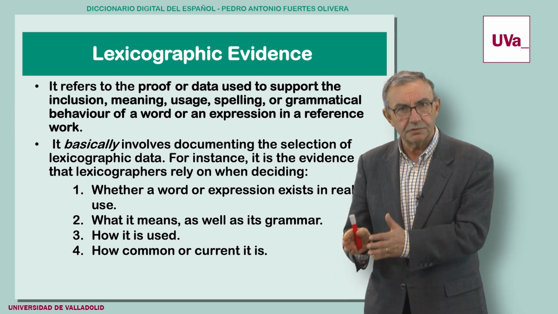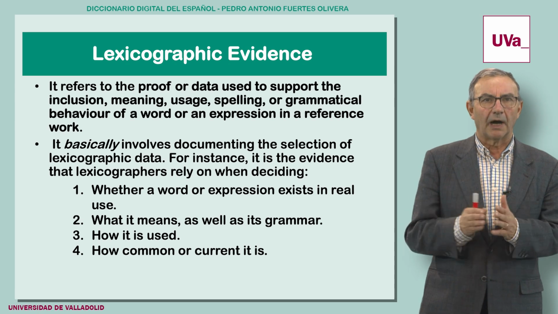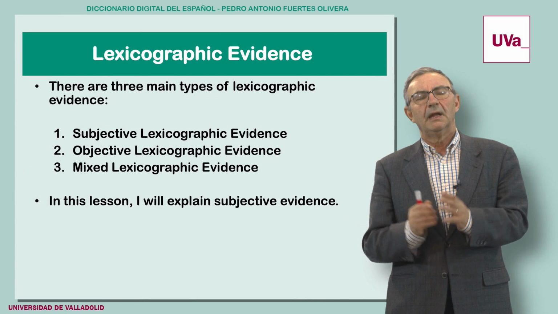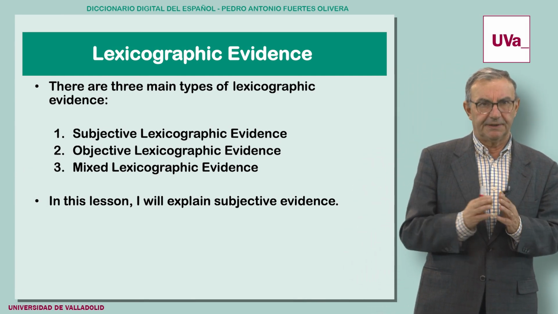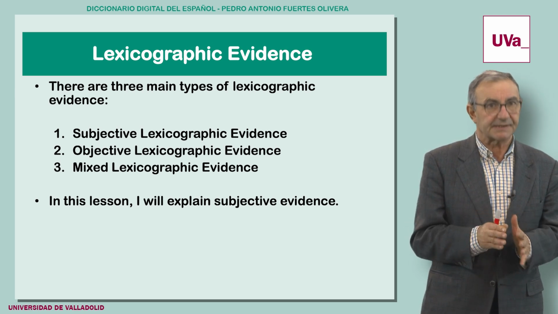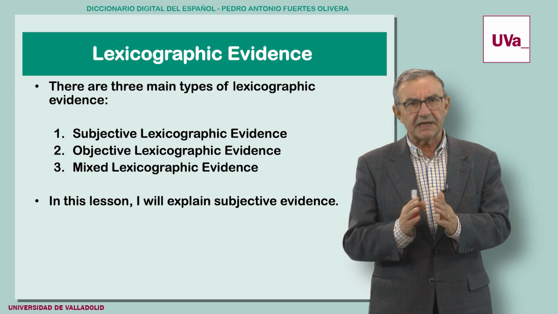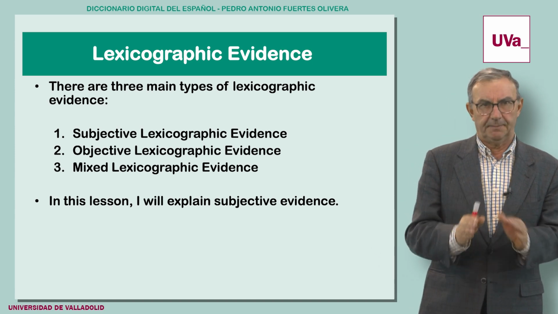How it is used. 4. How common or current it is, etc. There are three main types of lexicographic evidence: subjective, objective, and mixed lexicographic reference. In this lesson, I will explain subjective evidence.